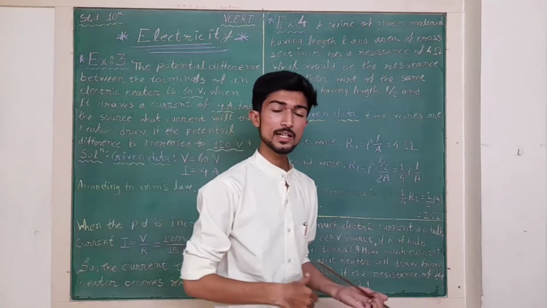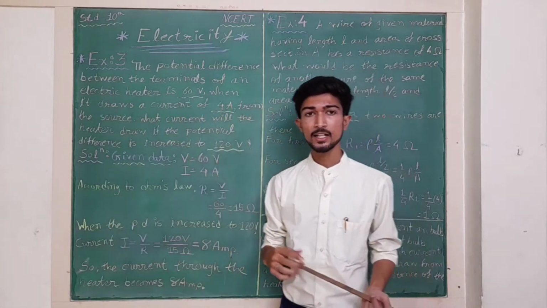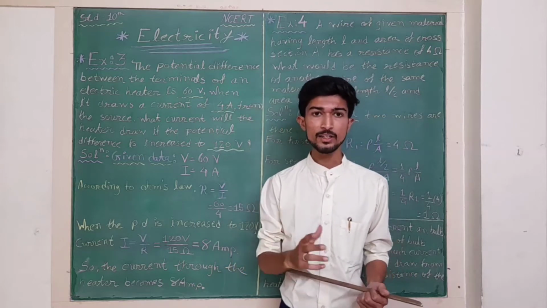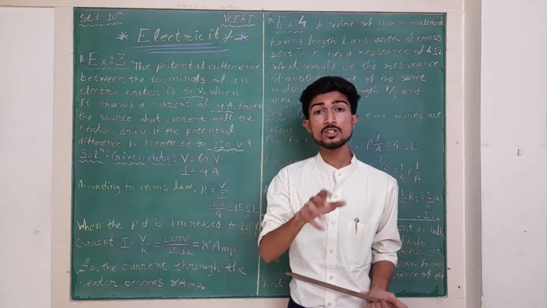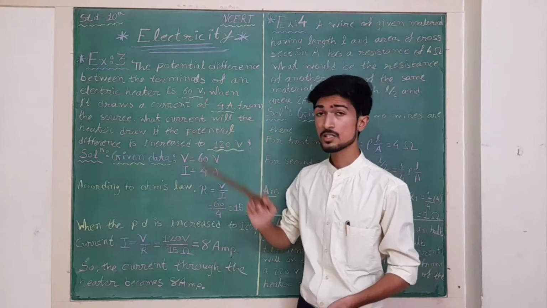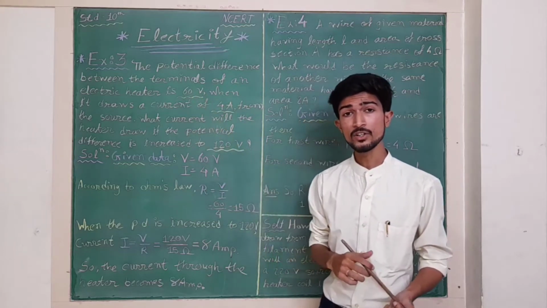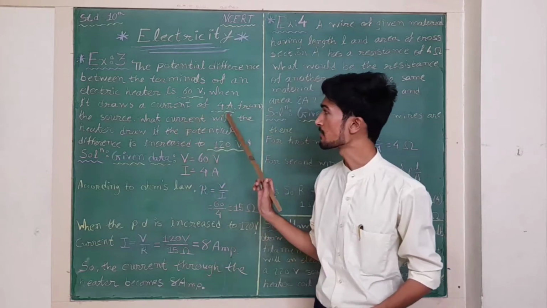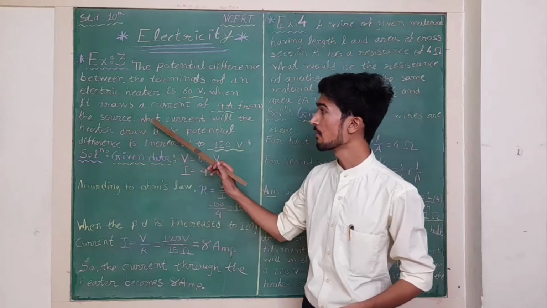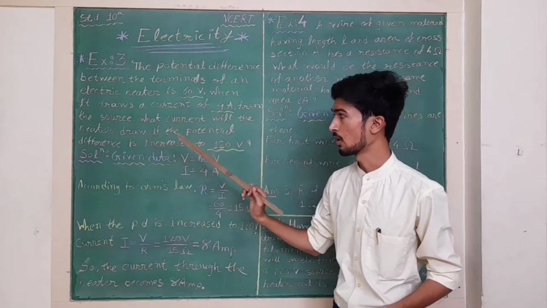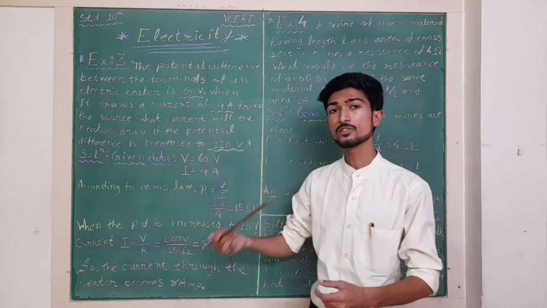So what is the question exactly? There is an electric heater. In that electric heater, from the source, the heater gets a potential difference of 60 volt, and the current the heater gets is 4 ampere. Now, what current will the heater draw if the potential difference is increased to 120 volt?